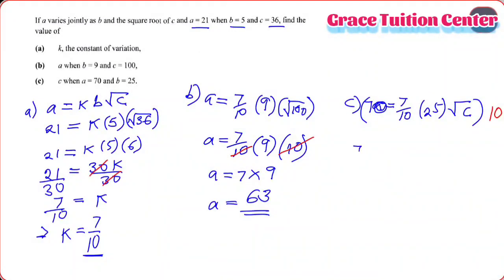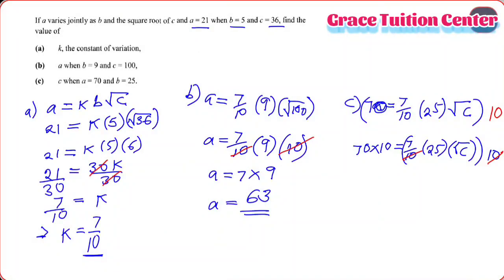So here on the other side, we have 70 times 10 is equal to this whole thing here times 10. So we have 7 over 10, 25, square root of c, everything here multiplied by 10. So what is going to happen is this 10 cancels that 10 there.